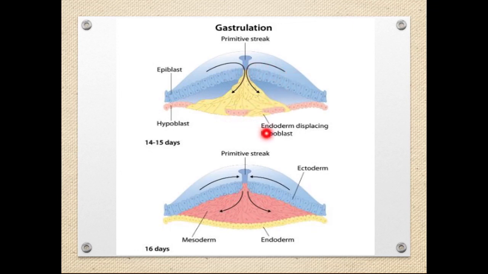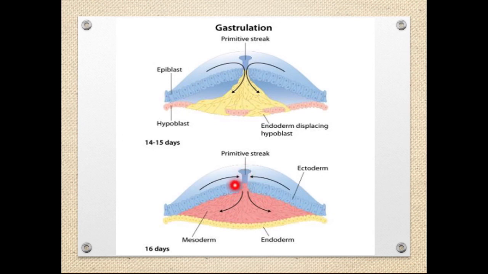See, this yellow color is endoderm, and this endoderm is displacing the pinkish one, the hypoblast. This is the starting stage, 14 to 15 days, the first day of the third week, and within 1 to 2 days this change will happen.